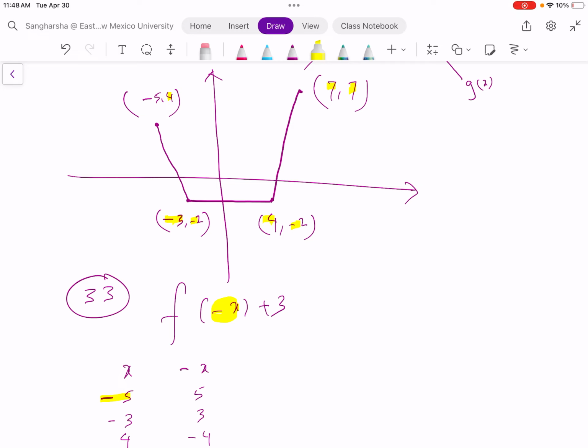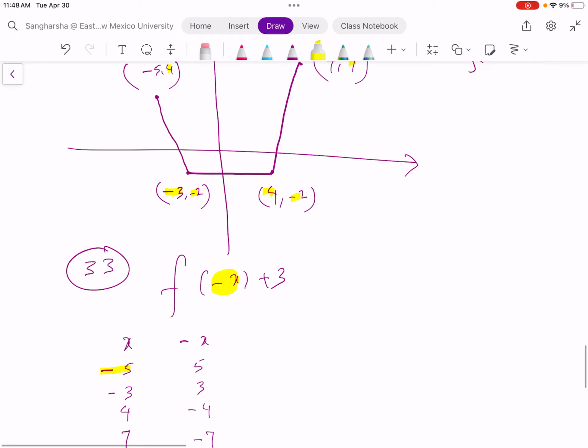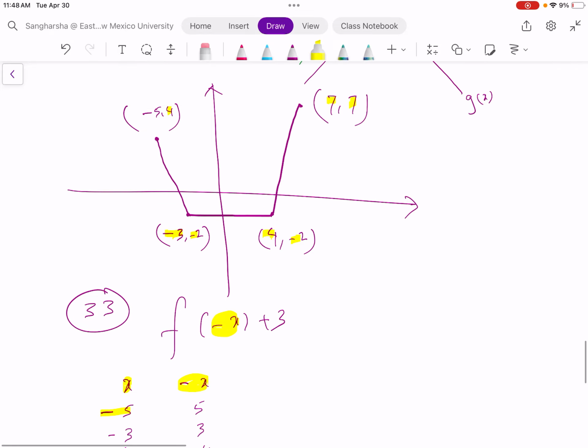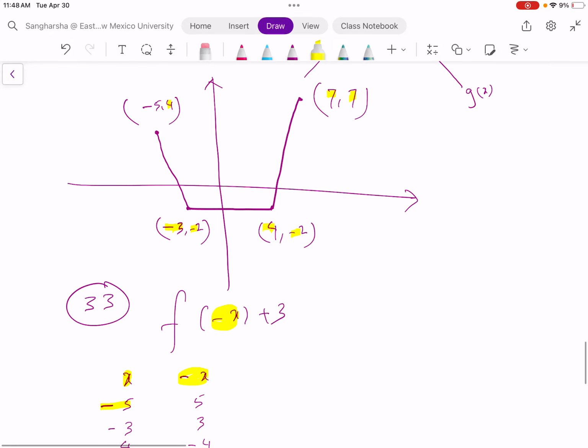This is like replacing x by negative x, right? When we replace x by negative x, there occurs a reflection across the y-axis.